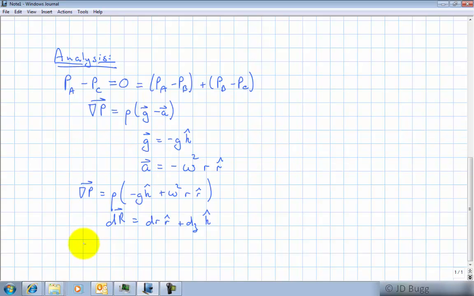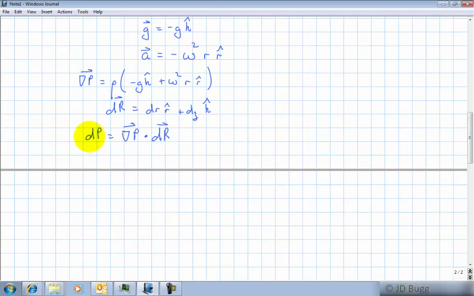Now, the pressure difference between any 2 points in this fluid. So dP is going to be the pressure gradient, and we've got an expression for that here, dotted with dr. So remember, that's how we find a pressure change in a pressure field. You take the pressure gradient and dot it with dr. So this is just dP if we want to actually find the pressure between any 2 points. So I'll call those 2 points P1 and P2 right now. That is the integral from 1 to 2 of dP.